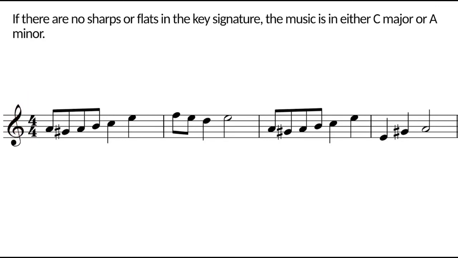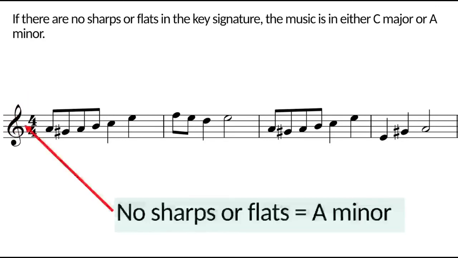No sharps or flats. And we're in the key of A minor. Now how can that be? How can it be that we know by looking at this one that we're in A minor, and the other one, exactly the same key signature, we're in C major?